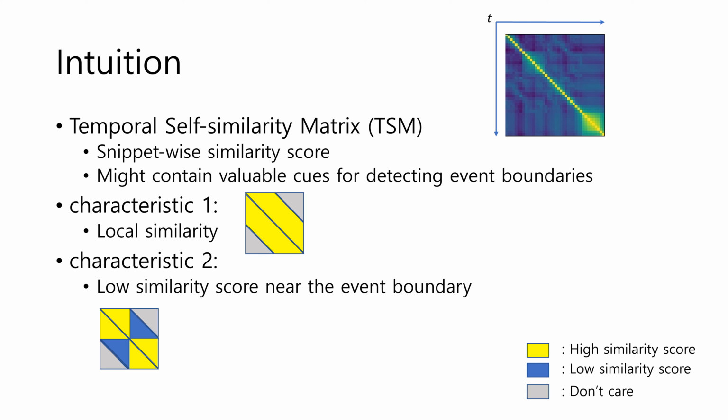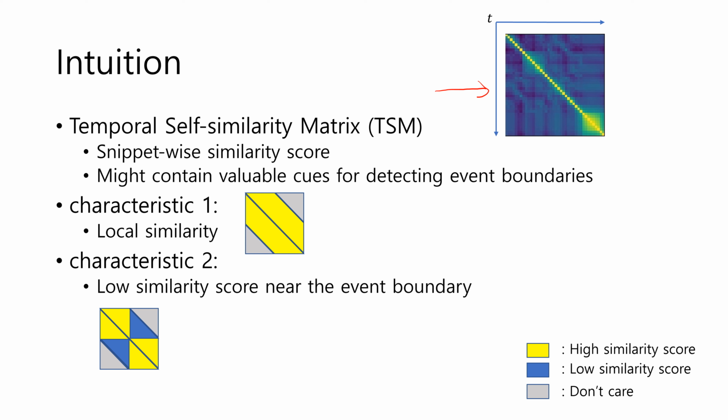Following the definition, the matrix is symmetric, while the diagonal elements contain the max value. If you see this TSM, you can observe that the diagonal values are all yellow, meaning that they are the max value.